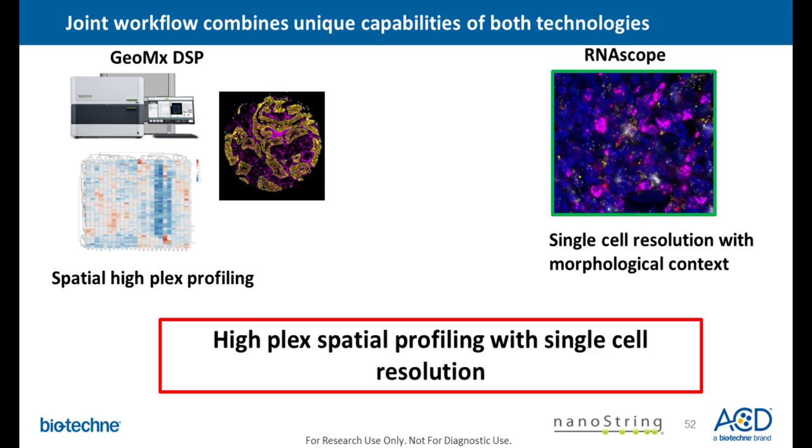So this way, we're hoping to provide a complete solution for spatial genomics, combining the strengths of both these technologies to provide highly plex spatial profiling with single cell and morphological resolution.